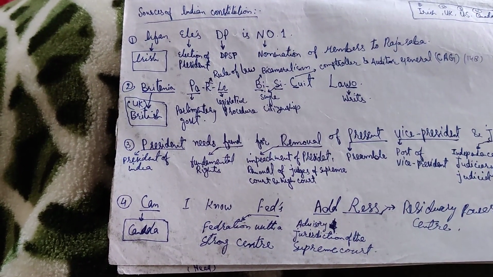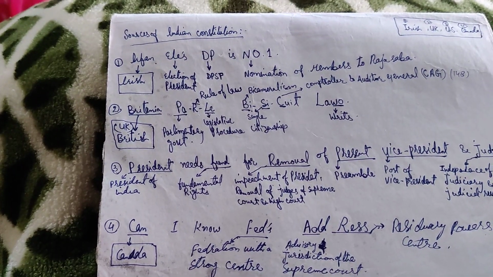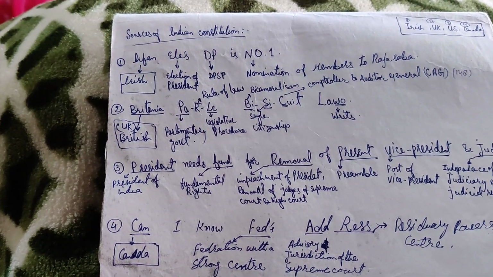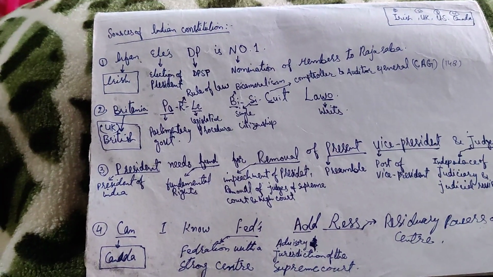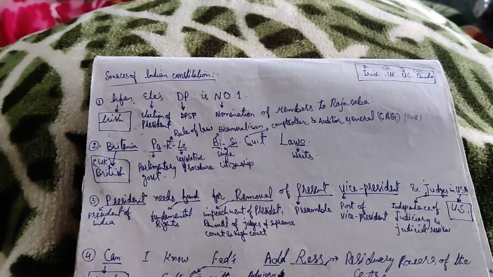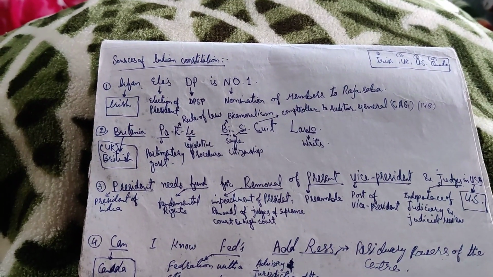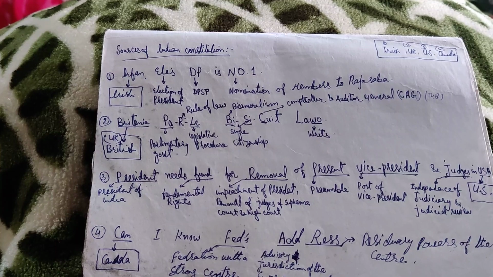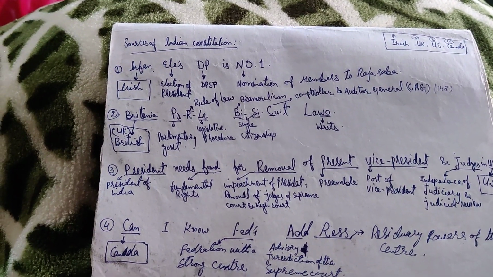And the last one is writs. Law's WO stands for writs, which we have 3: habeas corpus, mandamus, and quo warranto. These are 3 writs which we have taken from the British constitution.